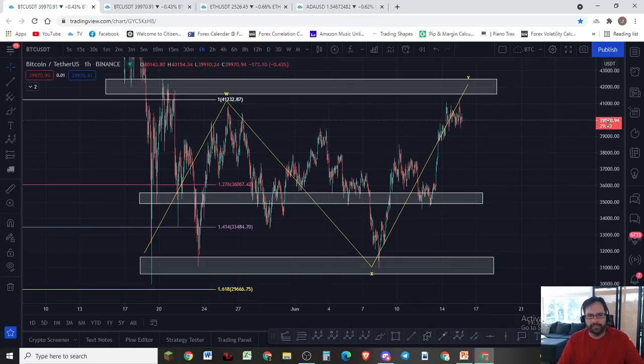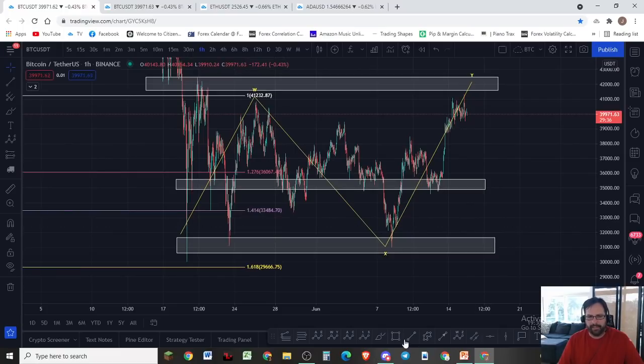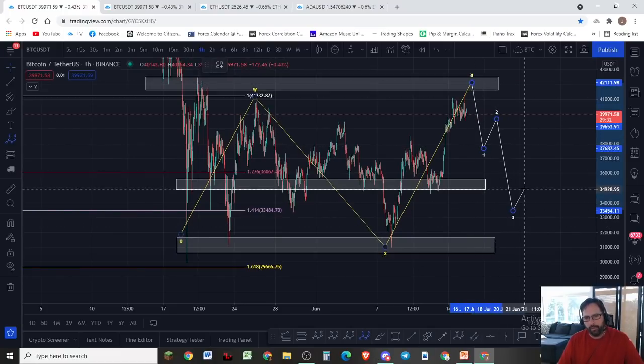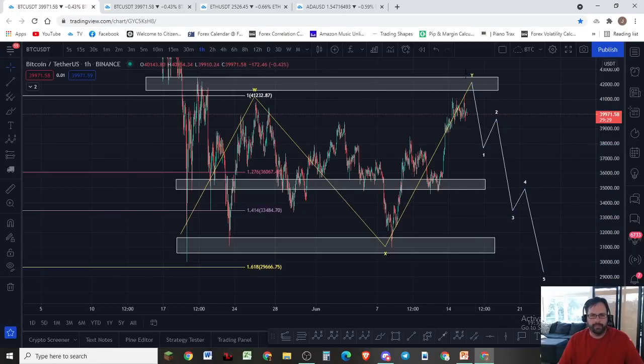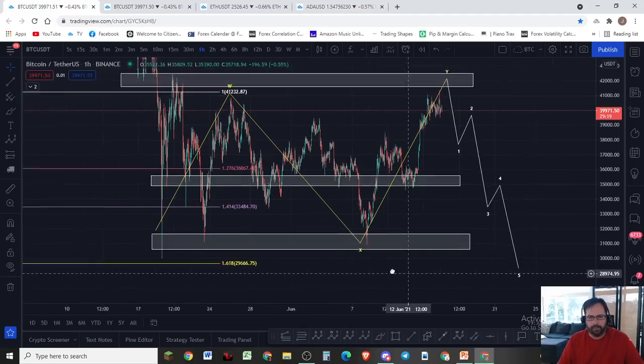Now the implication of this particular count is that this would most likely be followed by an impulse wave to the downside, some kind of 5-wave impulse to come down and break these lows and collect all the liquidity. The beauty of this count is that it collects the liquidity above the range and below the range.